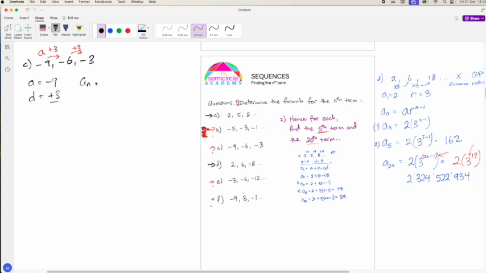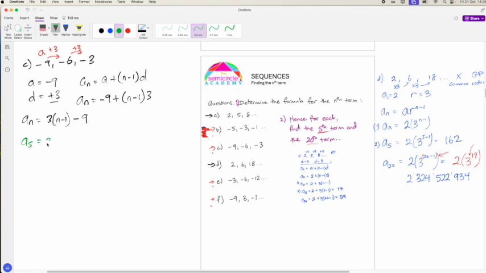So A subscript n is A plus (n minus 1) multiplied by d. So A subscript n in this case will be negative 9 plus (n minus 1) times 3, which I could rewrite as 3 into n minus 1 minus 9.